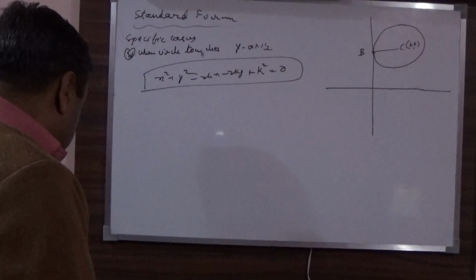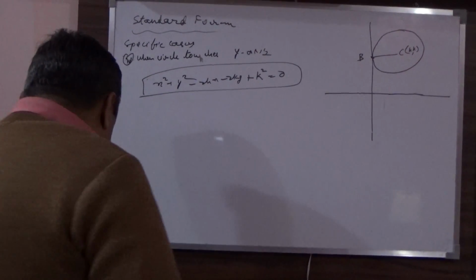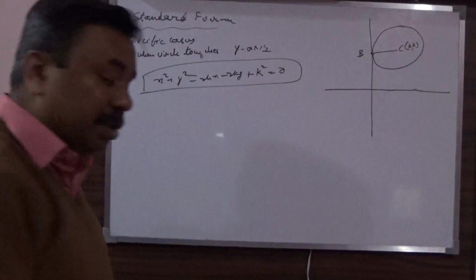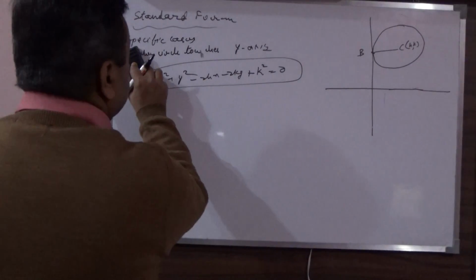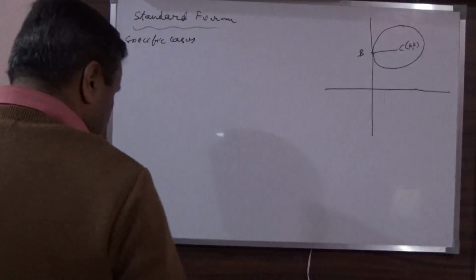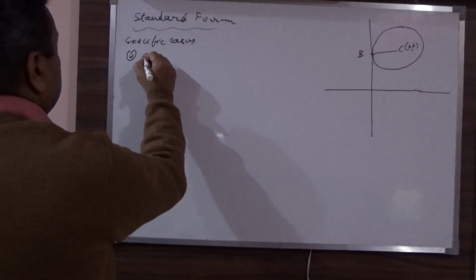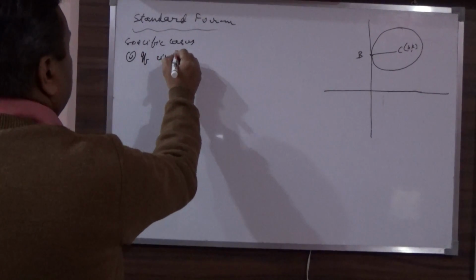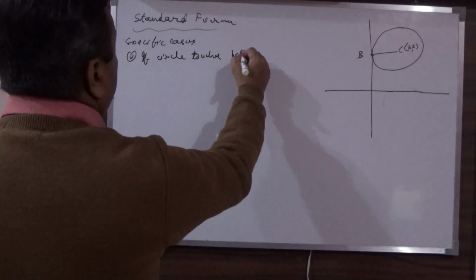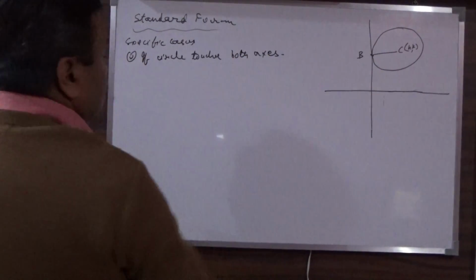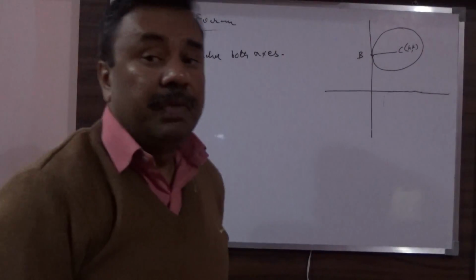Now there is another case. If the circle touches both axes, this is your fifth part. If the circle touches both the axes, then what will happen?